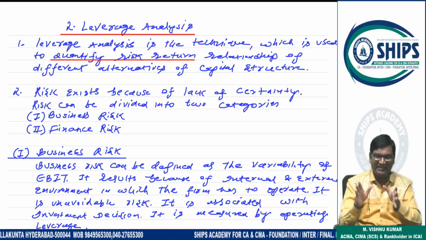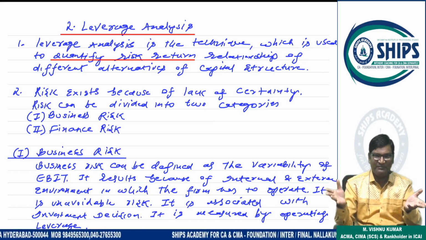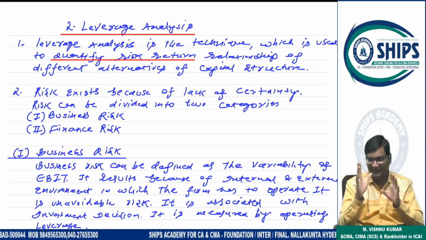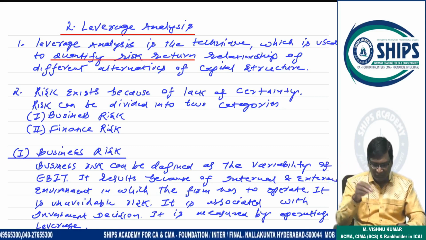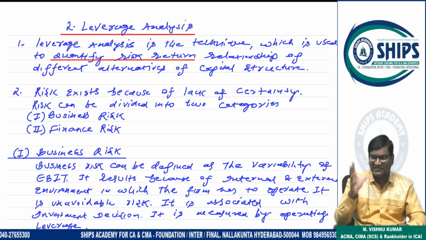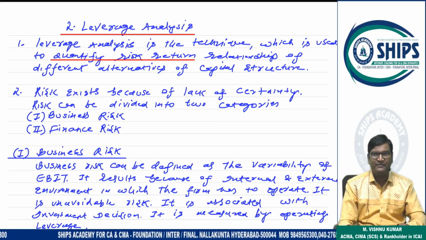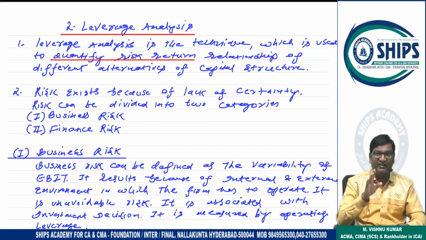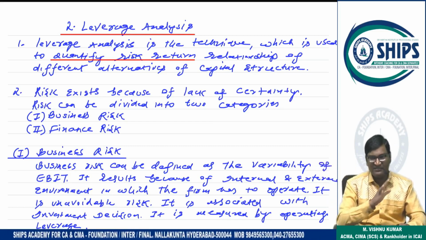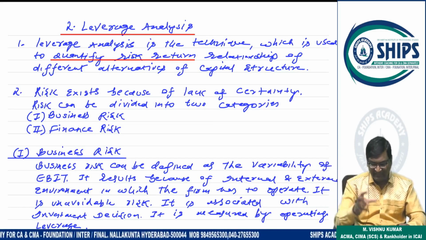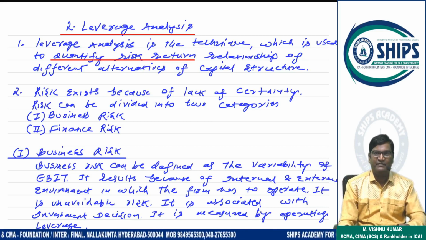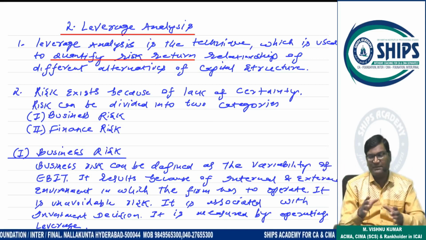So high risk, high return; low risk, low return; no risk, minimum return. This is the analysis. So in this topic we are going to discuss the risk-return relationship: when risk will increase, when risk will decrease, what will be the impact if risk increases, and what will be the impact if risk decreases. That we are going to discuss in this chapter.